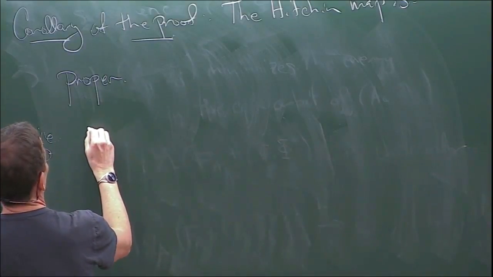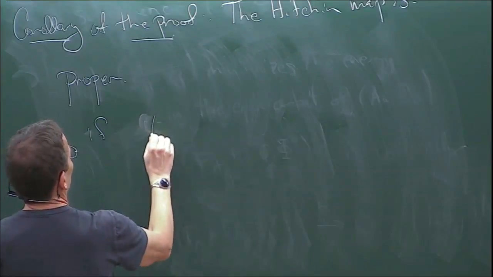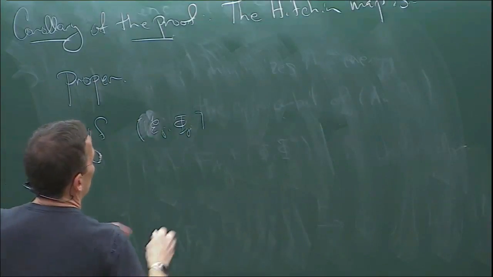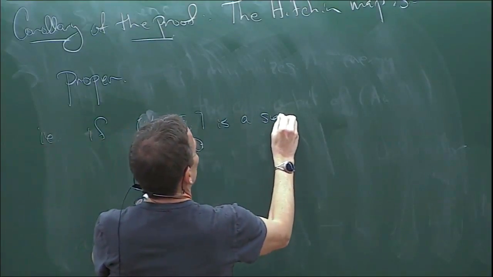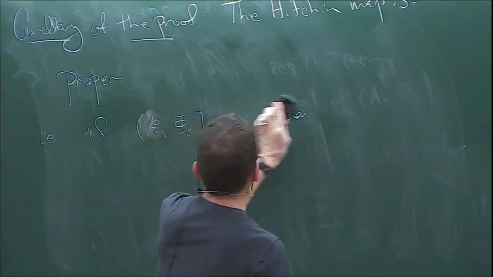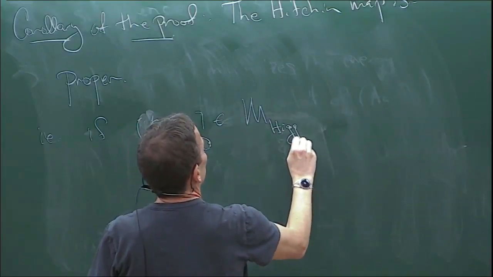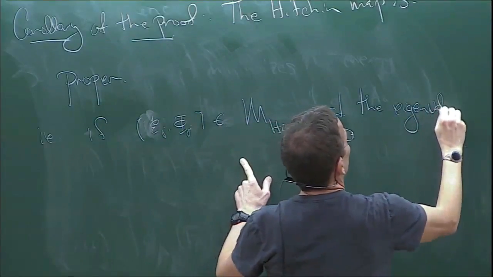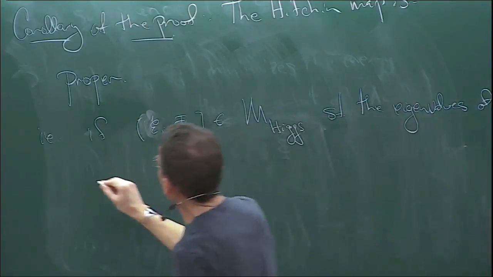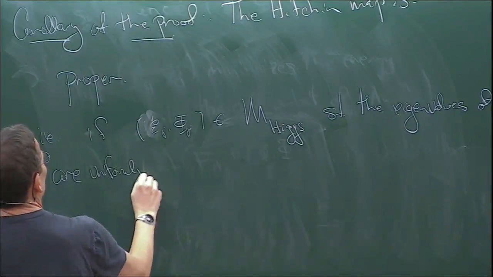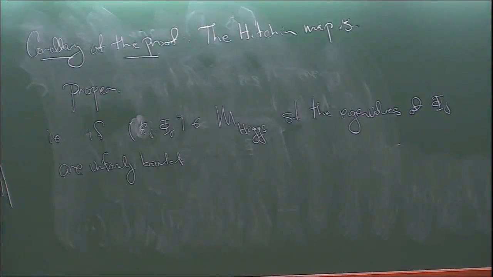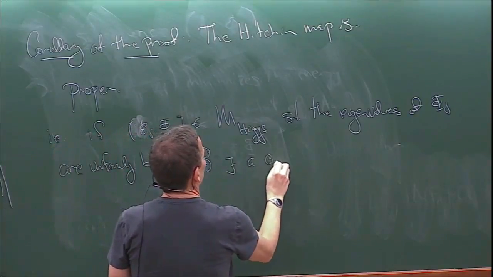Let me state a more precise result here. If E_j is a sequence in M Higgs such that the eigenvalues of phi are uniformly bounded, okay, that makes sense because that's independent of the representative of the isomorphism class, then that implies that there exists a convergent subsequence.